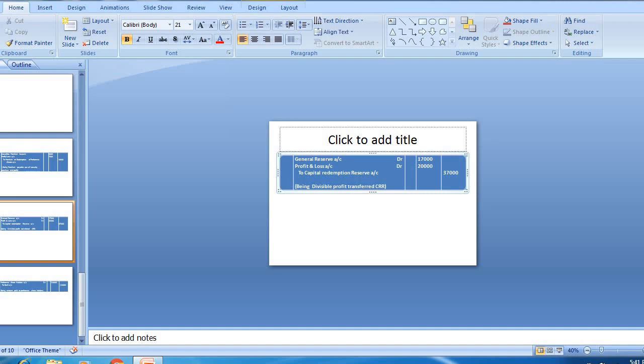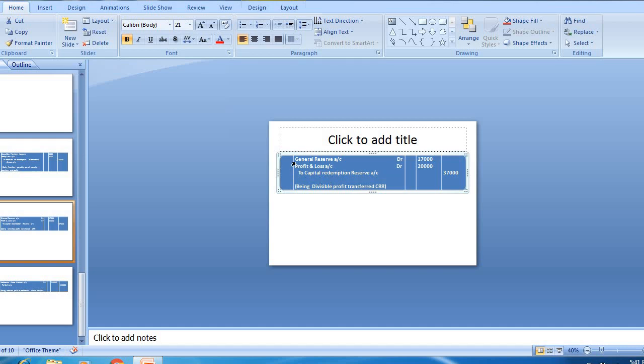That 20,000 rupees can be taken out of the profit and loss account. Any amount utilized out of divisible profits for the purpose of redemption will be transferred to the most important account called capital redemption reserve account. So this is the very important one.